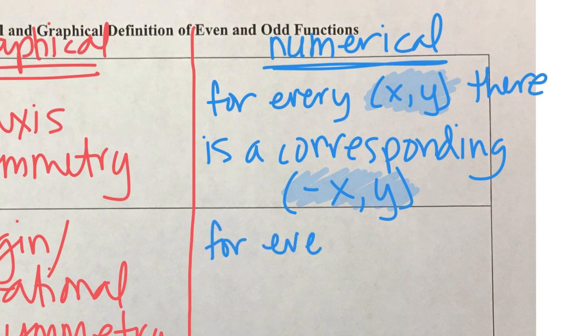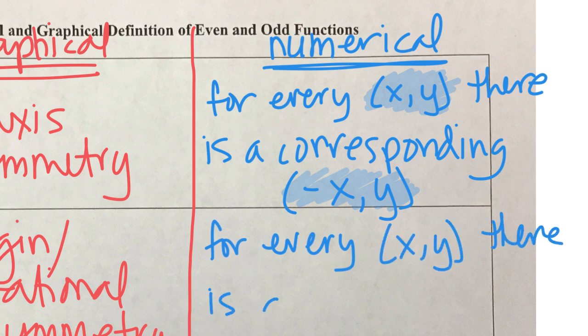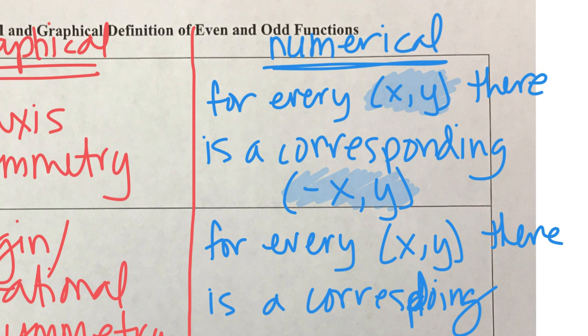For every (x, y) on an odd function, there is a corresponding (-x, -y).